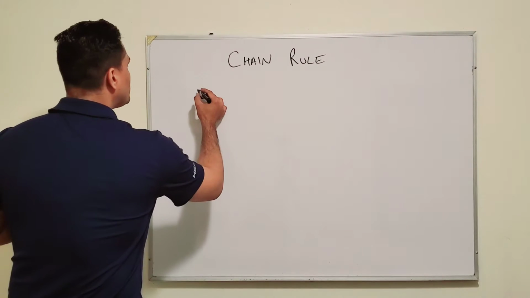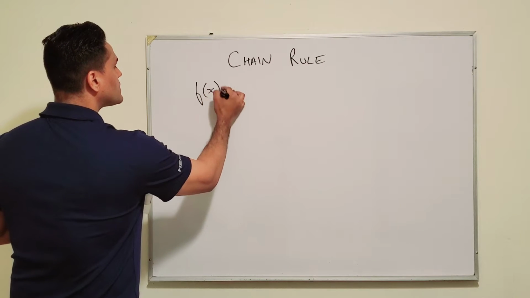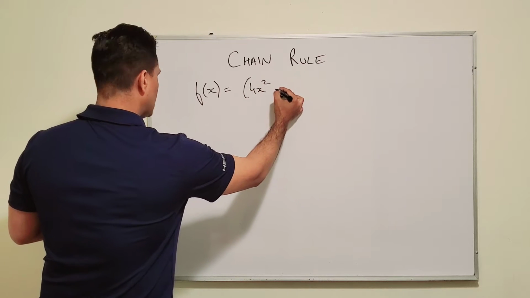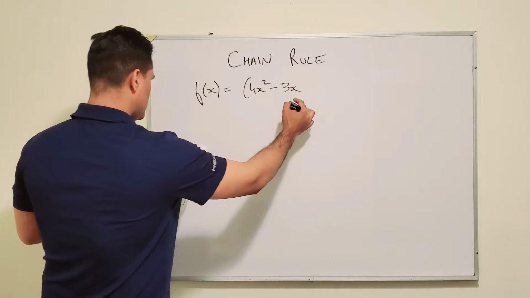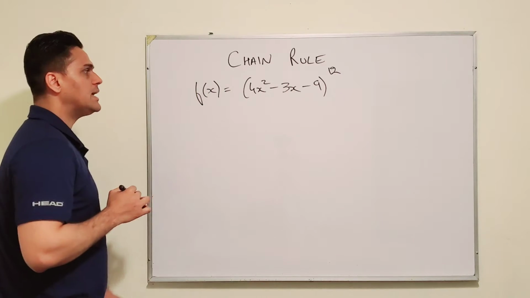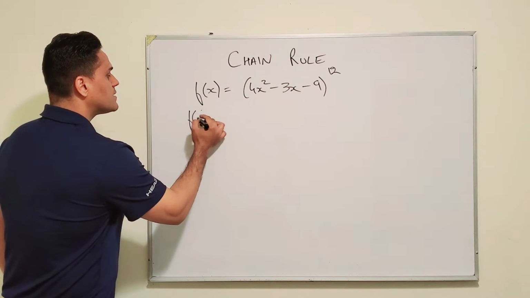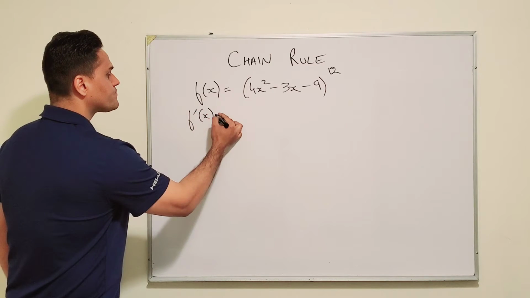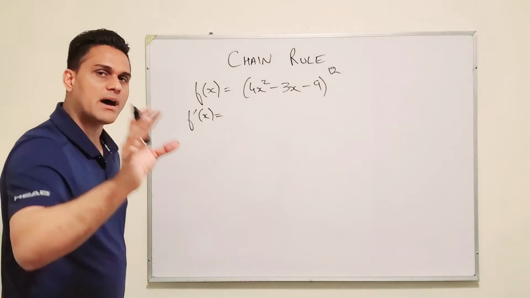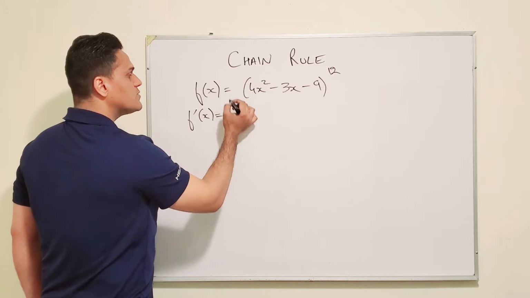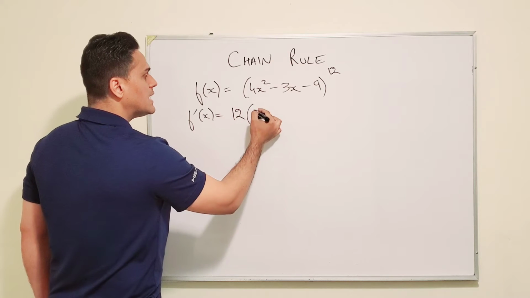So my f of x is 4x squared minus 3x minus 9 raised to the power 12, okay? We want to get the derivative of that. So again, same as the power rule. Whenever we have a power at the top, we're going to times it by the constant in front, which is just going to be 12.